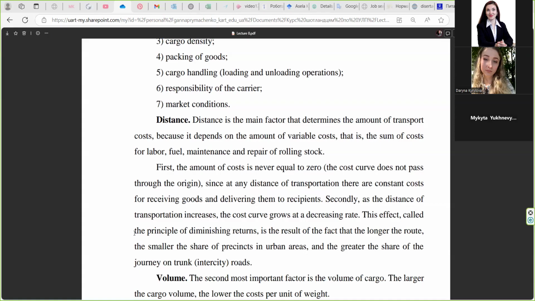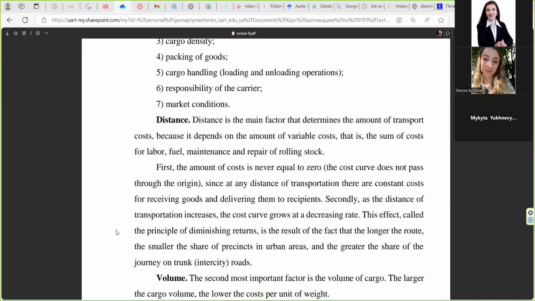Secondly, as the distance of transportation increases, the cost curve grows at a decreasing rate. This effect, called the principle of diminishing returns, is the result of the fact that the longer the road, the smaller the share of presence in urban areas and the greater the share of the journey on trunk roads.